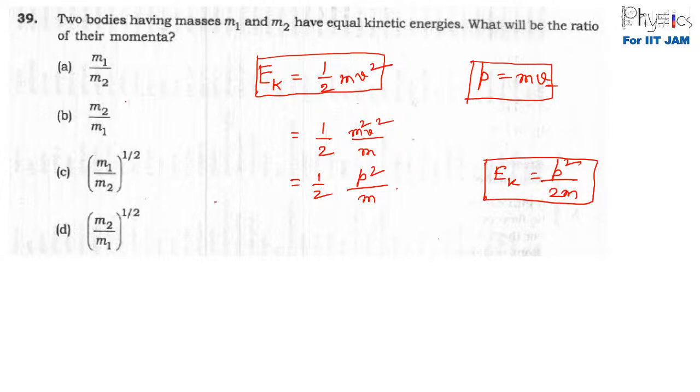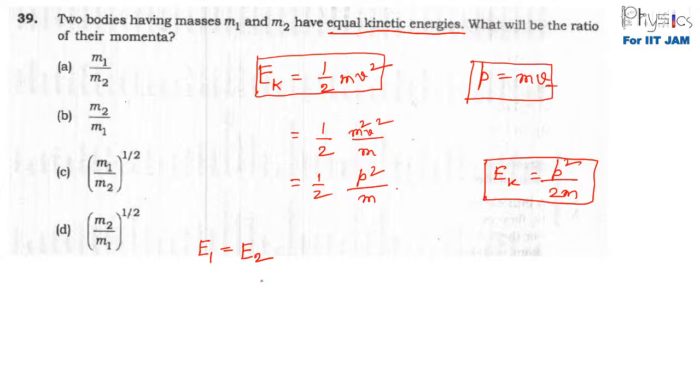So if the kinetic energy of the first body is E1 and the second body is E2, then E1 is equal to E2 because we have equal kinetic energies, right?